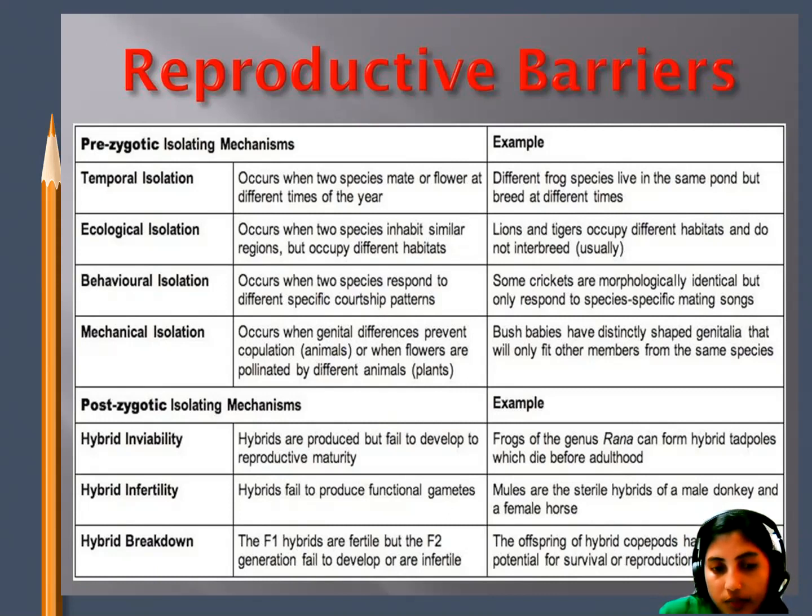Then we have hybrid breakdown. That means the F2 generation will fail to develop or are infertile. And the examples are given there. There are other examples that are given in your notes as well. You can refer to your notes for further breakdown of your knowledge.